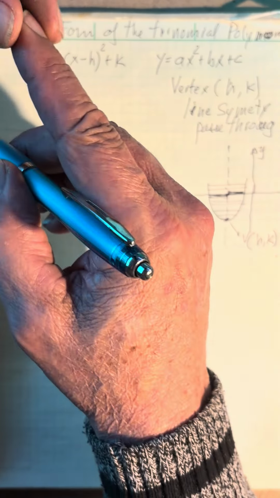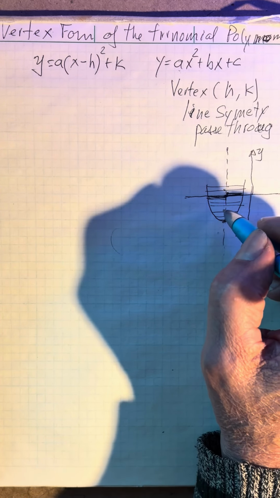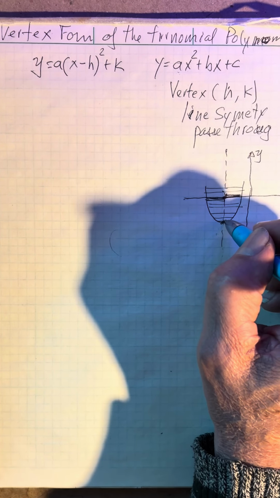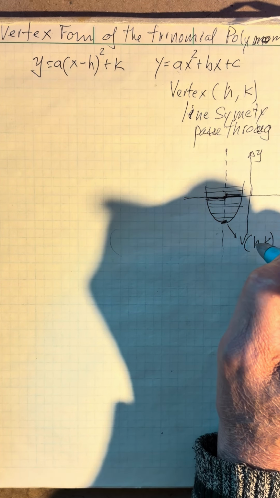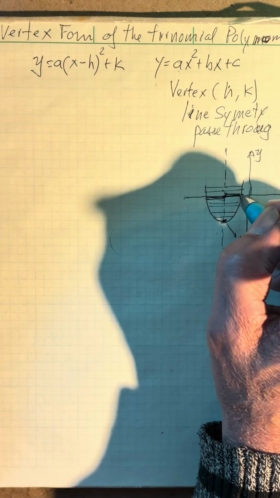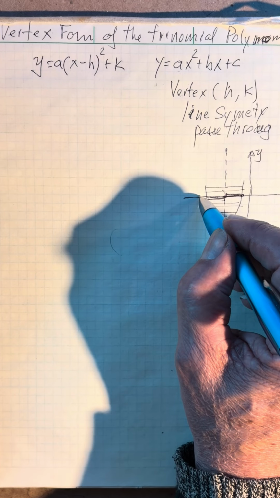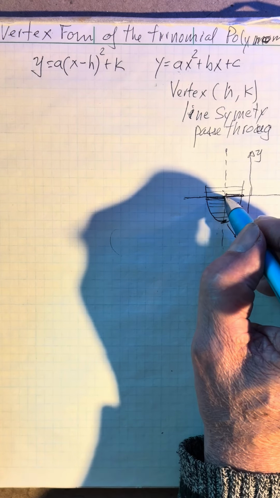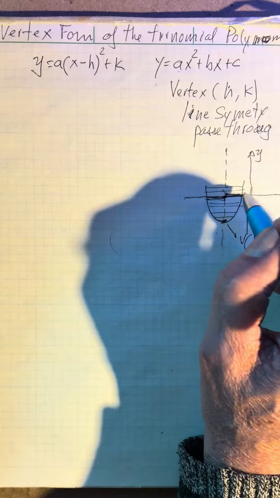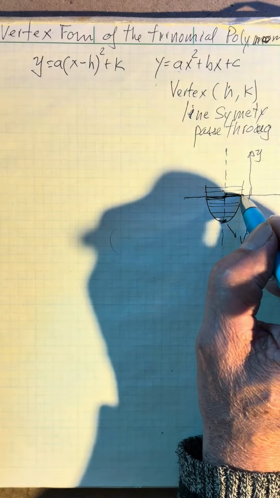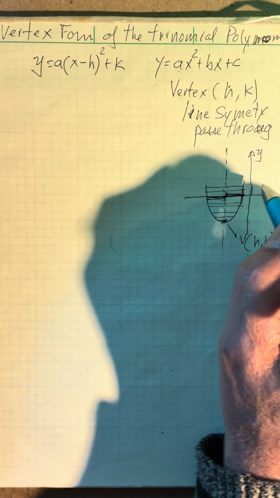So it's important, sometimes, when you're doing this, you can find the vertex coordinates and find one root, and you automatically know what the other root will be, because it will be the same distance from the line of symmetry to the function at the root.